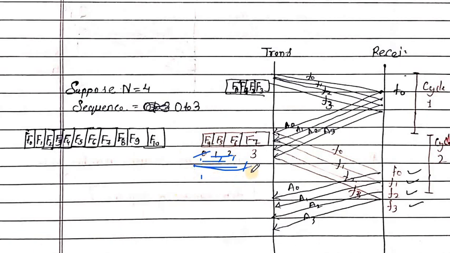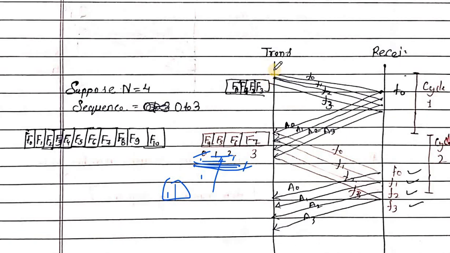To represent the sequence numbers, we need 2 bits, because to represent 4 values we need 2 bits.